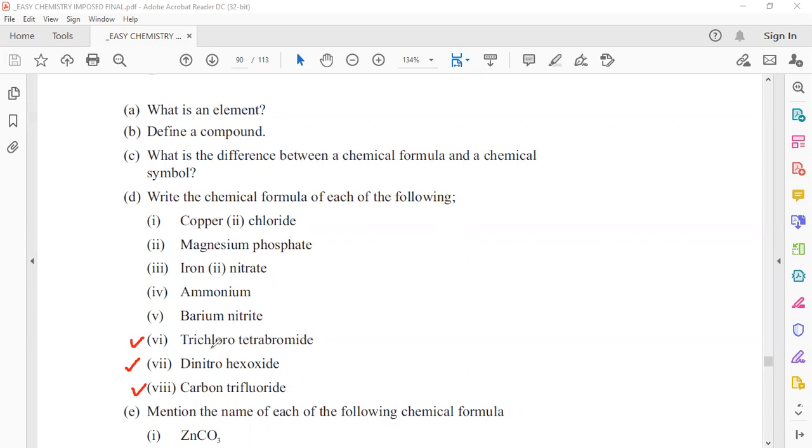So trichloro is the same as trichlorine, meaning you have 3 chlorines, then tetrabromide. Tetra means 4, meaning you have 4 of the bromide. So this is the meaning.